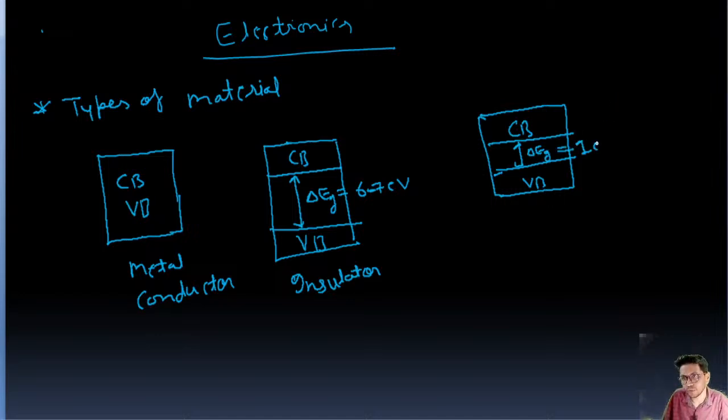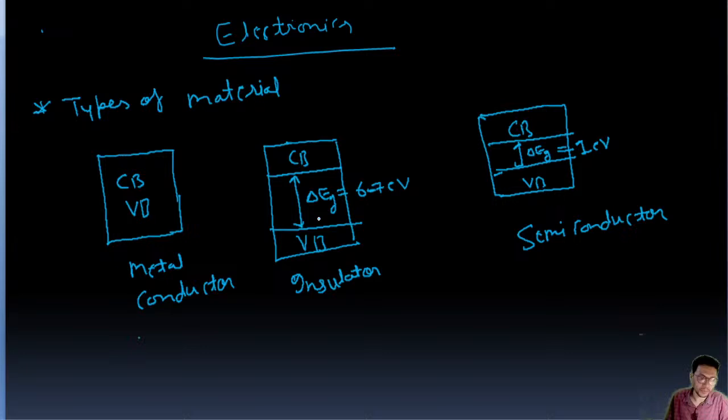So in a conductor the bands overlap. In an insulator the band gap is very high, 6 to 7 electron volt. And in a semiconductor the band gap is low, delta Eg equal to 1 electron volt. So these are the types of material.